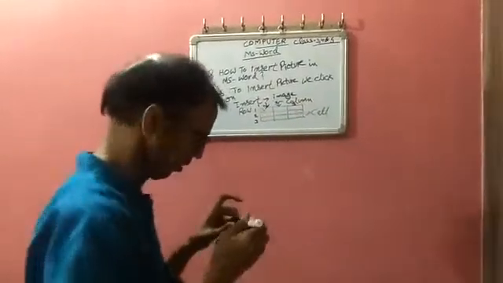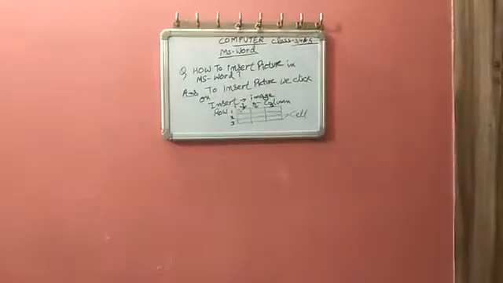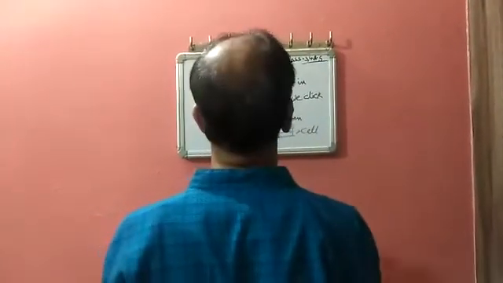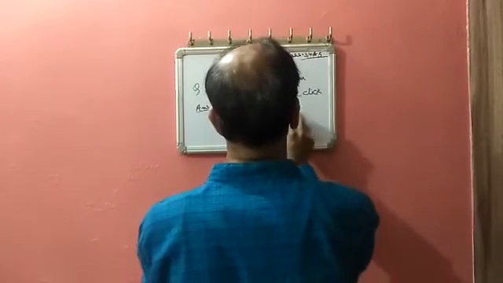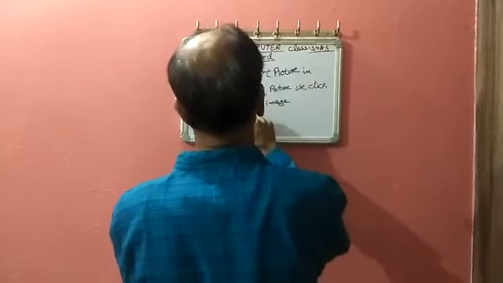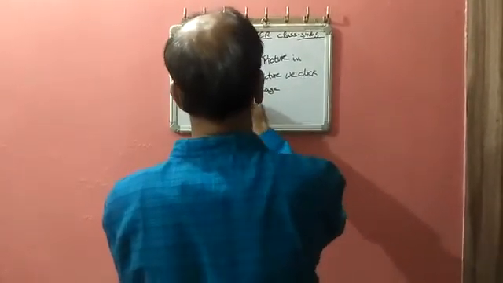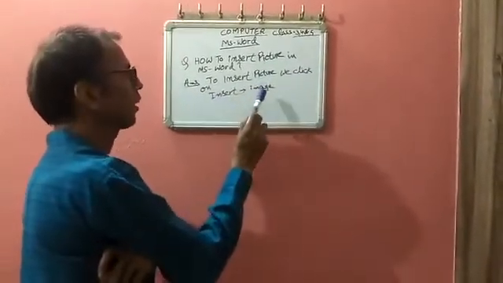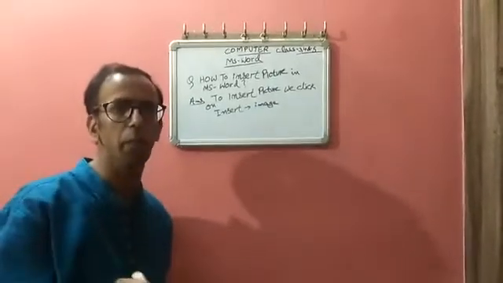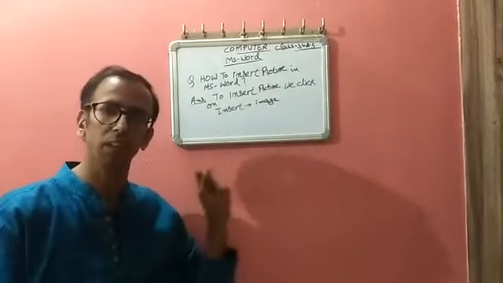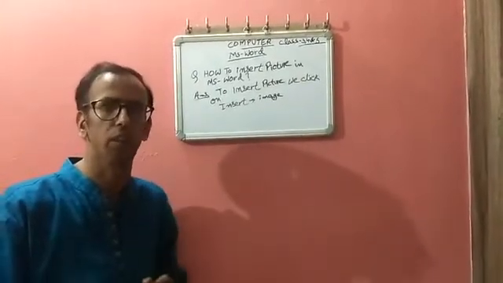To insert a picture, we click on insert, then image, then a dialog box will appear, and from that dialog box we have to choose the picture from the gallery of the computer.